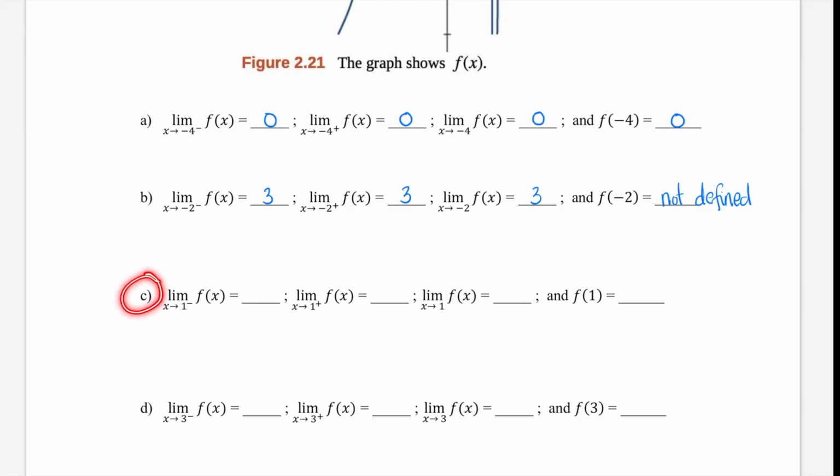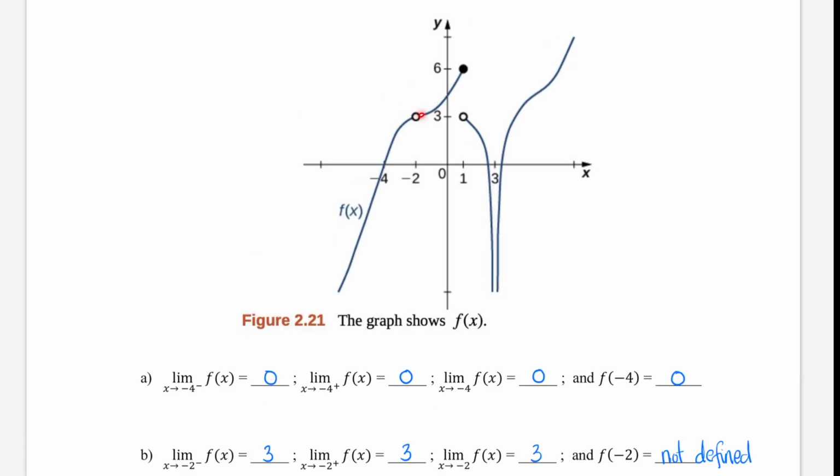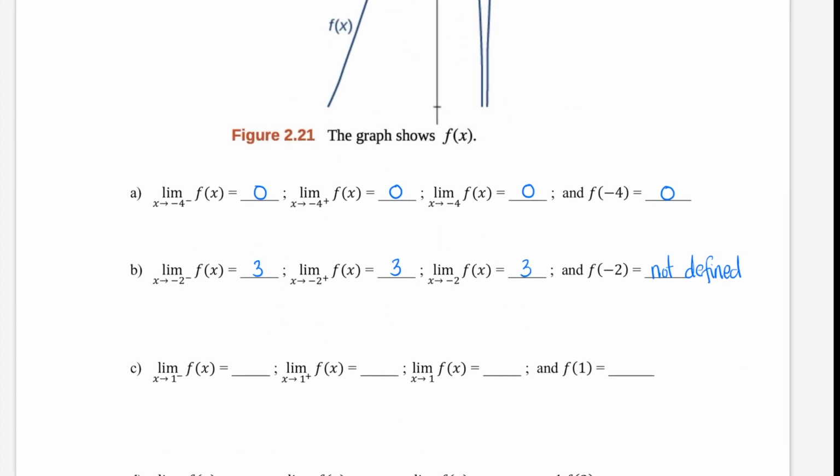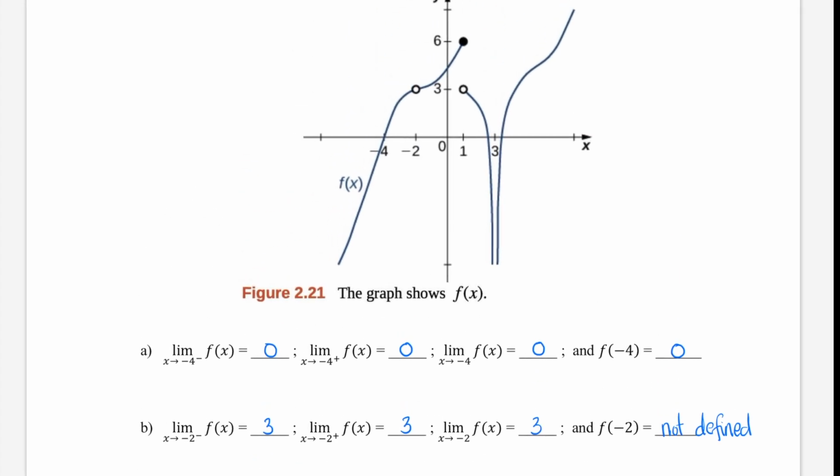Question C, we're going to find the limit of function f of x when x approaches 1 from the left side. As x approaches 1 from the left, the graph approaches the dot at y equals 6. Now, for the limit of f of x when x approaches 1 from the right, as x approaches 1 from the right, the graph approaches the open circle at y equals 3.